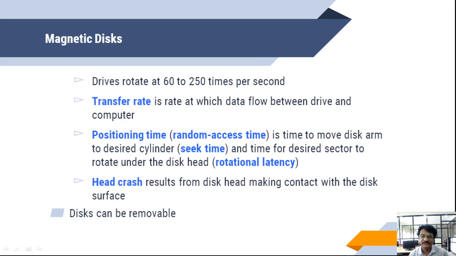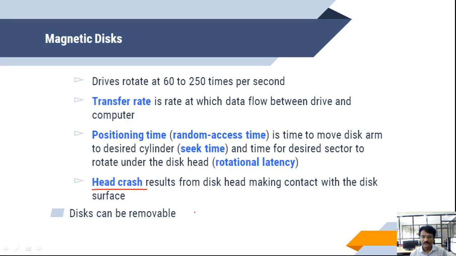Why does it matter that it flies? There is a danger that the head will make contact with the disk surface. The disks rotate at very high speed, and although disk platters are coated with a thin protective layer, the head will sometimes damage the magnetic disk itself. This particular accident is what we call in general a head crash.